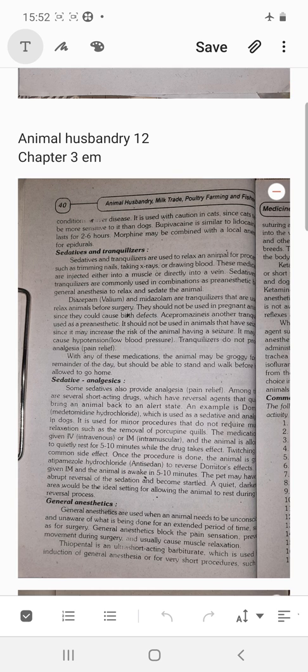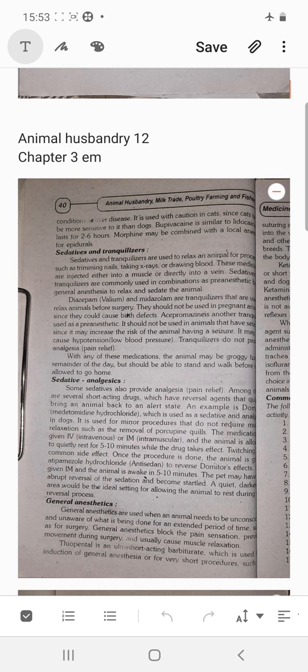Next is sedative analgesic. Some analgesics also provide analgesia, pain relief. So an analgesic is a medicine which is used for pain relief. Among these are several short acting drugs which have a reversal agent and quickly bring an animal back to an alert state.